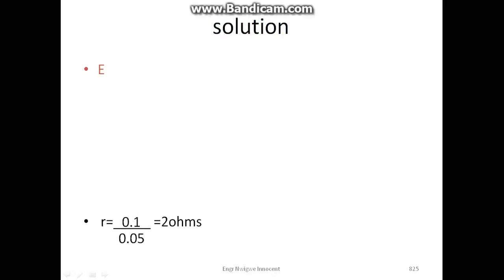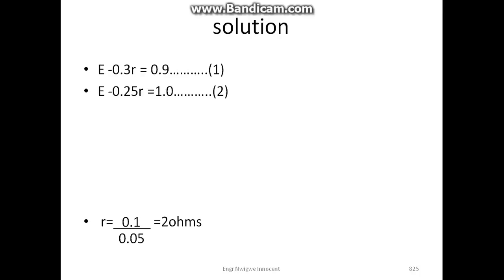Solution. From the equation, capital E minus capital I times small r equals capital V. Substituting the values, we have capital E minus 0.3 times small r equals 0.9 for the V, which is our equation 1.